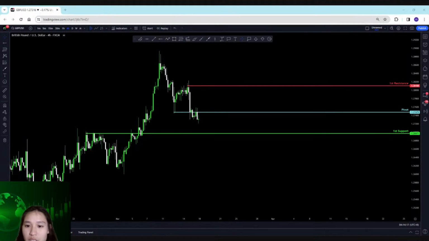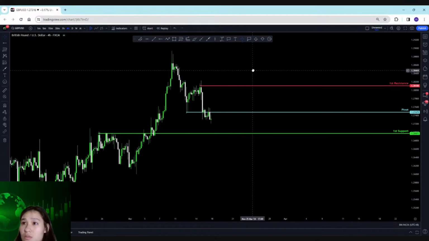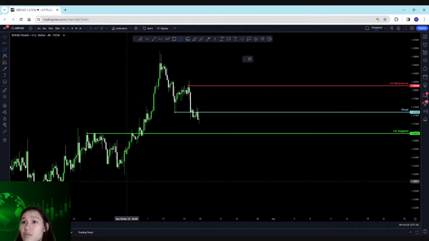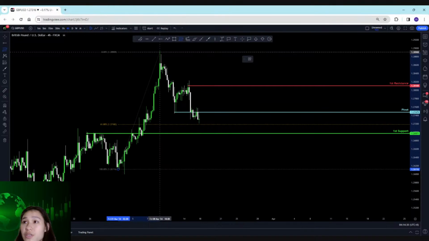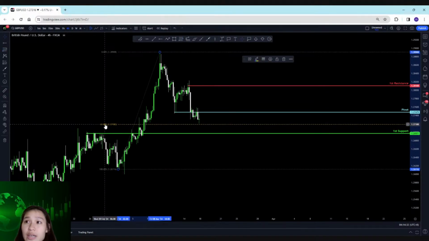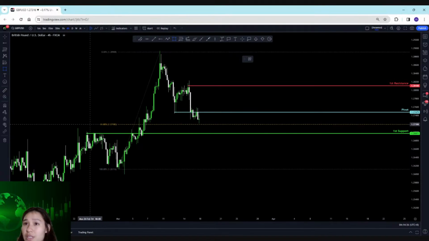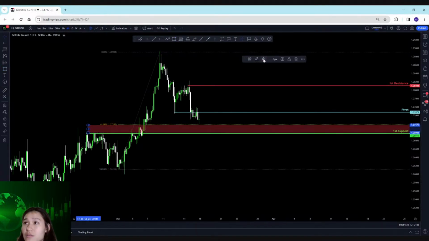Let's pull out some Fibonacci levels to support this as well. So I'm going to start off with a retracement again. You can see immediately that our 61.8 lines up with where price is currently at over here.